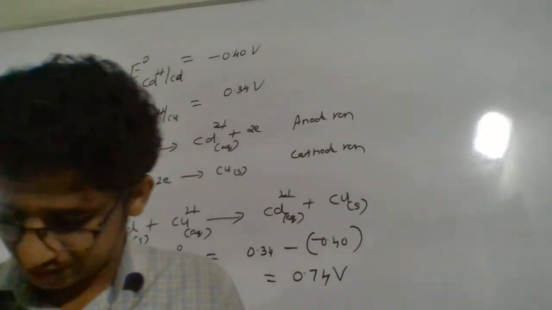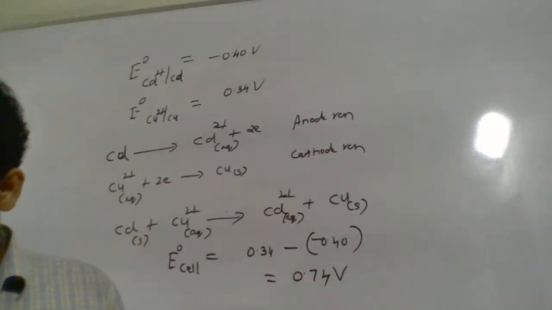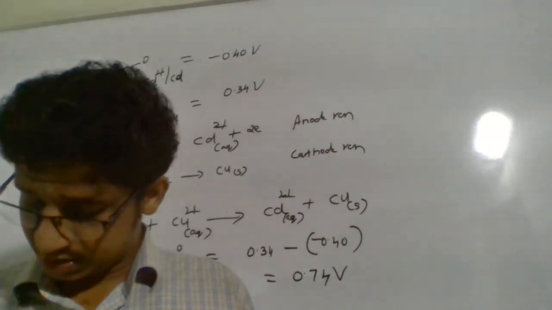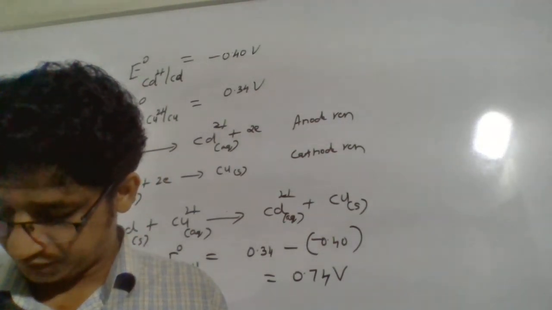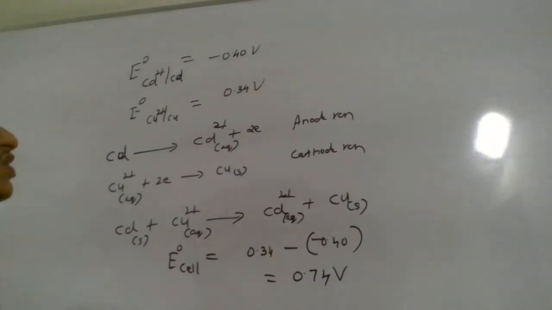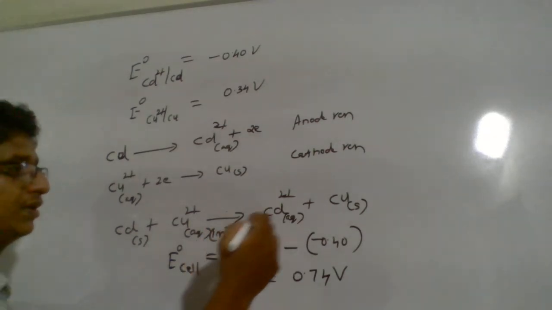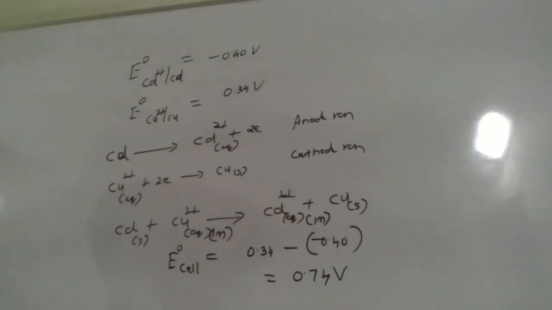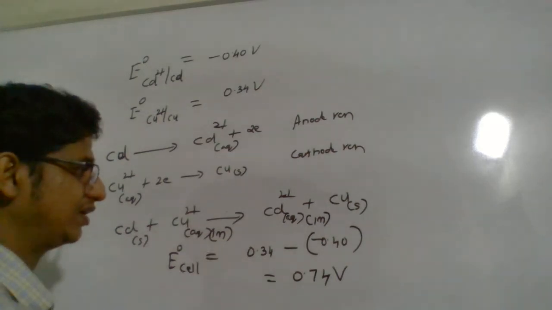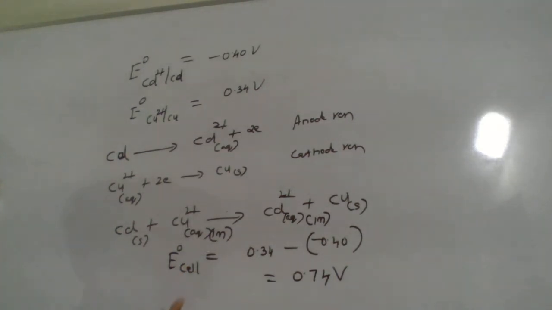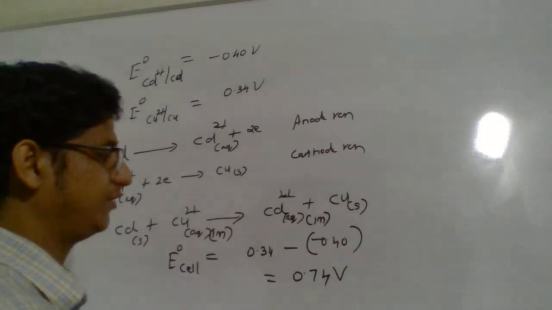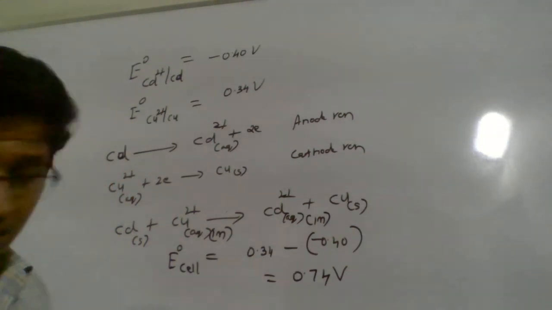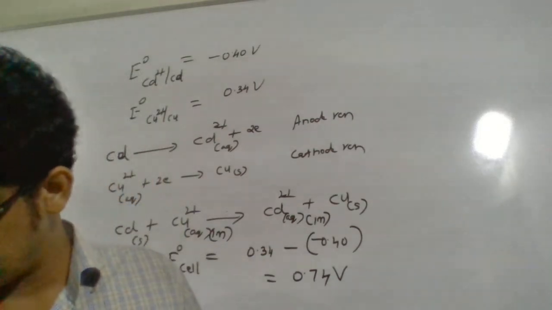The concentration of the electrolyte is not given, which means you don't need to find a cell potential with different electrolyte concentrations. Here the concentration of the electrolyte is 1 molar. This is also 1 molar. So E cell will be equal to E0 cell here as well, because the standard concentration of the electrolyte is 1 molar. So 0.34 minus minus 0.40 is equal to 0.74 volt.